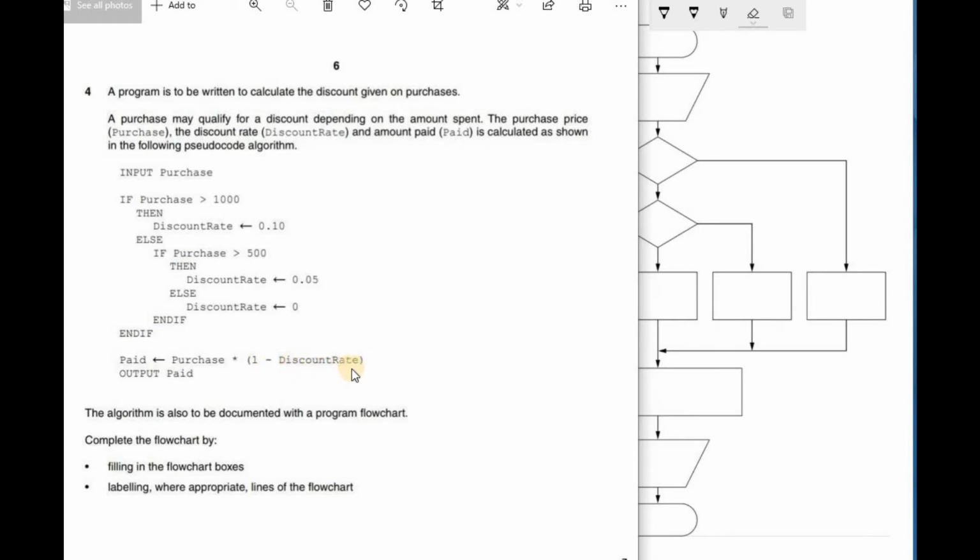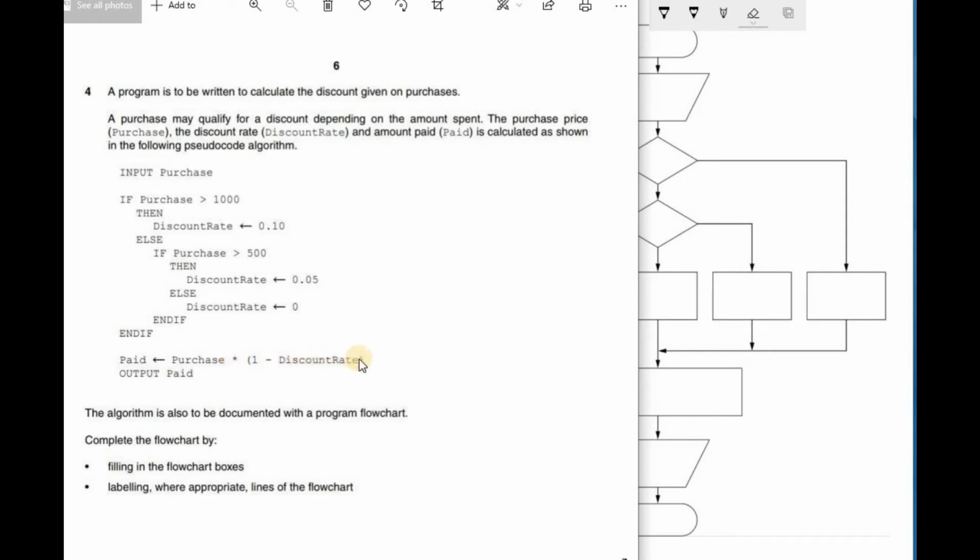Let's suppose the discount rate is 10%, that is 0.1, right? So 0.1 is being deducted from 1, that will become 0.9, and it means that only 90% of the purchase amount will be paid by the customer, and 10% has been given as discount.